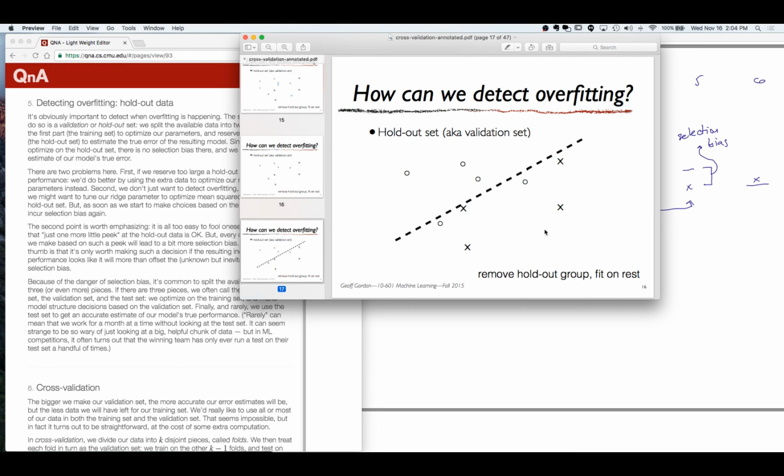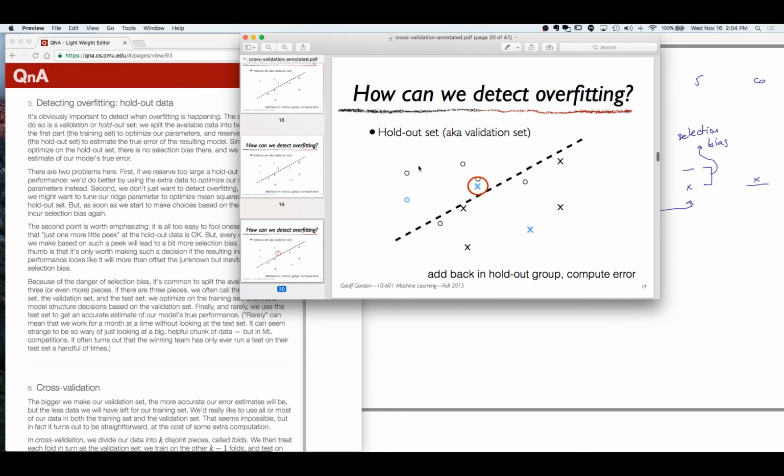So here we've split our decision boundary so that the circles are more on this side and the crosses are more on that side. Now once we've done that, we can add back in the holdout group like that, and we can compute our error on the holdout group.